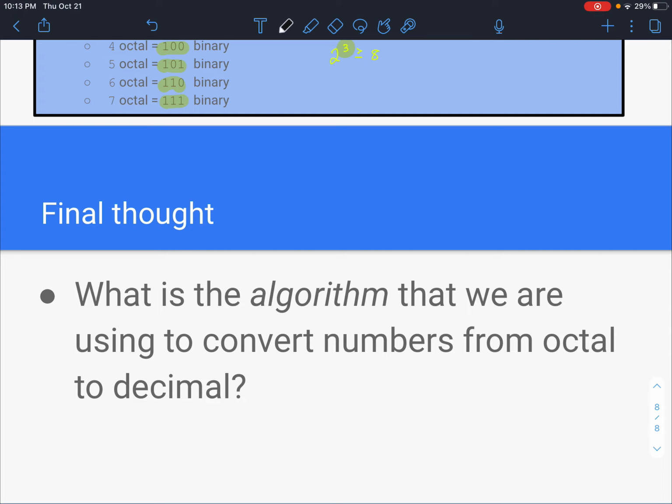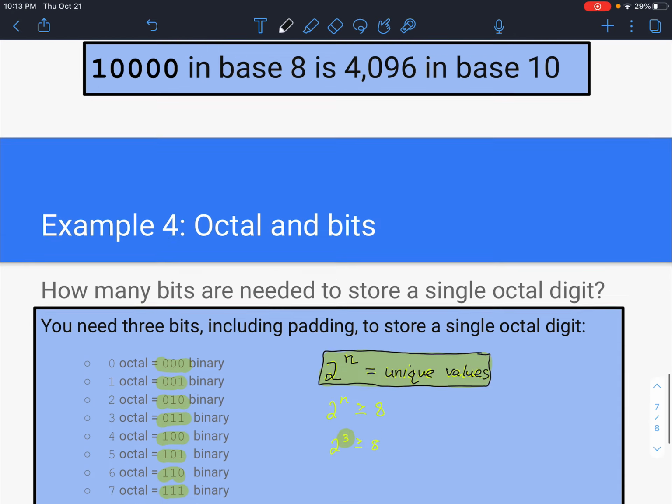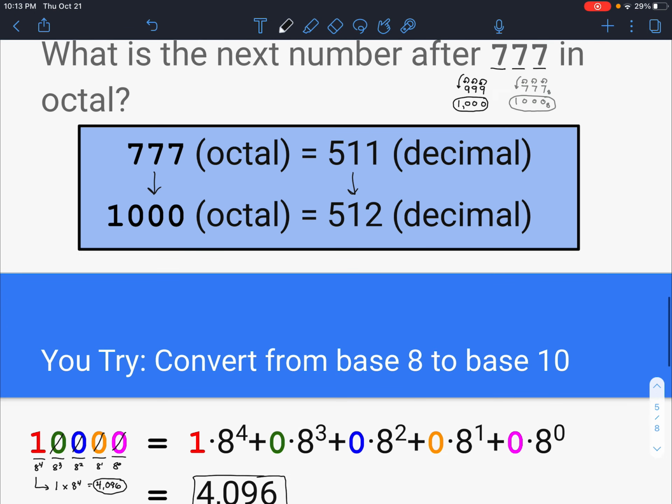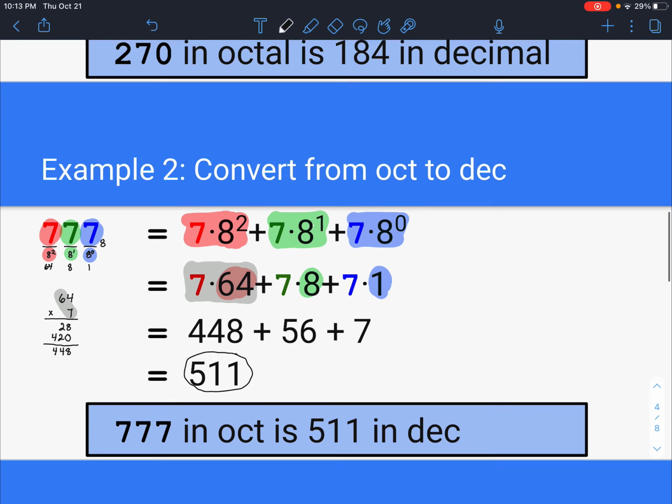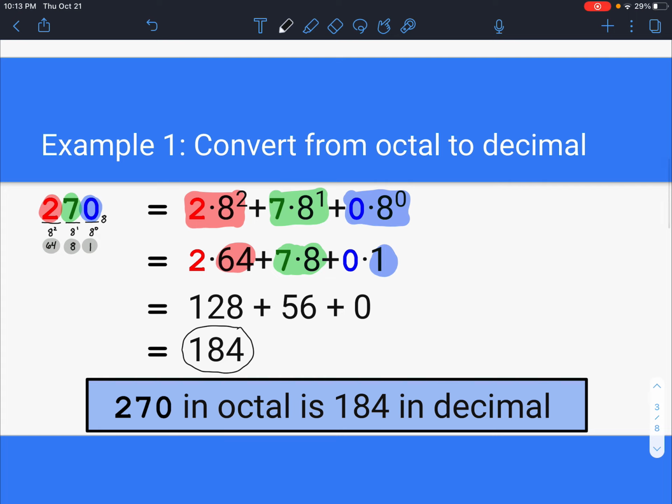For the final thought, what is the actual algorithm that we use? Is there a pattern that we see happening when we convert these values from base 8 to base 10? Yes. You will recognize, especially if we look at one of these examples, this kind of math that you see us doing right here, we did this same exact stuff with base 2.